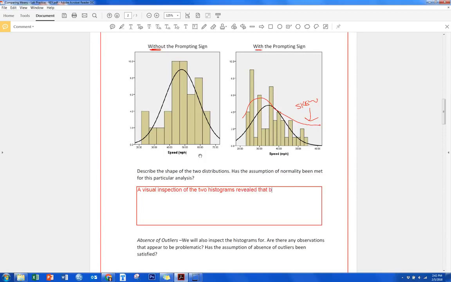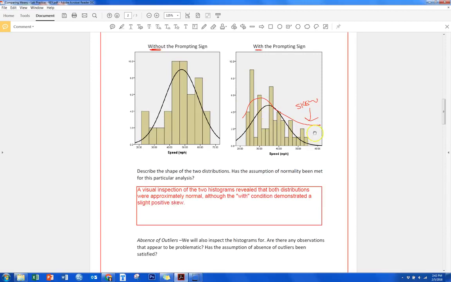A visual inspection of the two histograms revealed that both distributions were approximately normal. Approximately normal is an umbrella term. That's a little bit subjective, but we're saying it's more or less along those lines. It's not a radical departure from normality. Although the with condition, that's this one here, we're going to go ahead and mention that it demonstrated a slight positive skew.